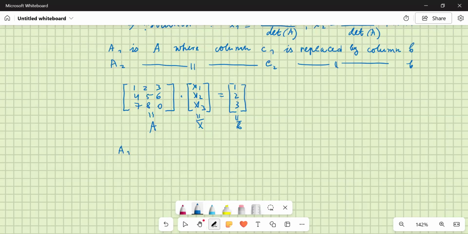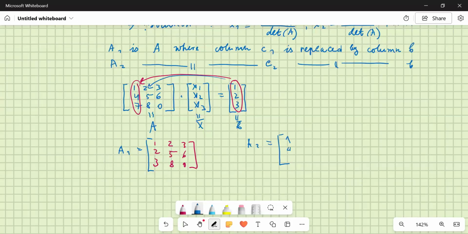Matrix A1 is going to look like this: I take my original matrix A, take the first column and place column B instead of it. So I'm going to have 1, 2, 3, and here 2, 5, 8, 3, 6, 0. Now A2: I'm going to take this column and put it instead of the second one.